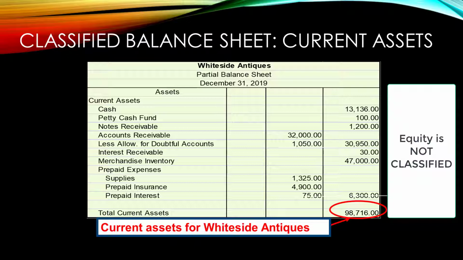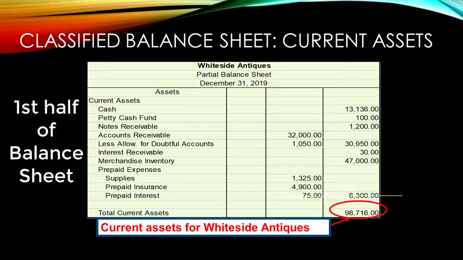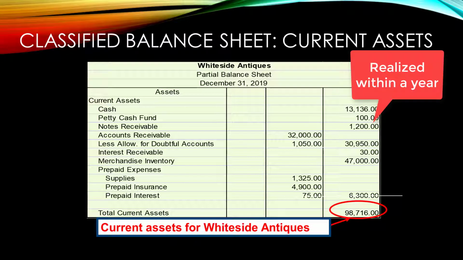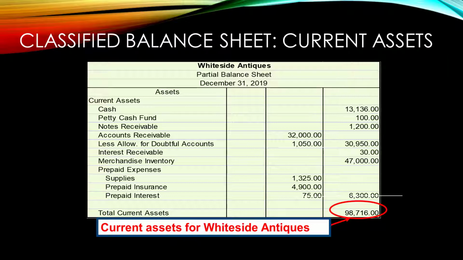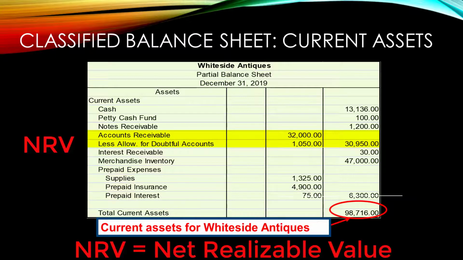In this slide, you see the top half of the balance sheet, or the current assets. By definition, current assets are those assets that are realized or turned over within 1 year's time. A couple new things to note on this balance sheet is that accounts receivable must show the net realizable value either in the face of the balance sheet, as in this example, or in the notes to the financial statements.